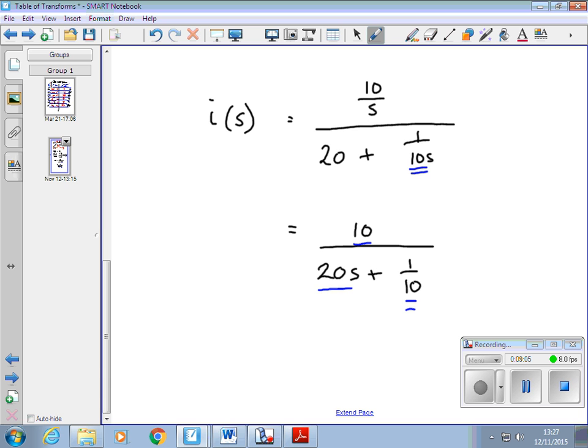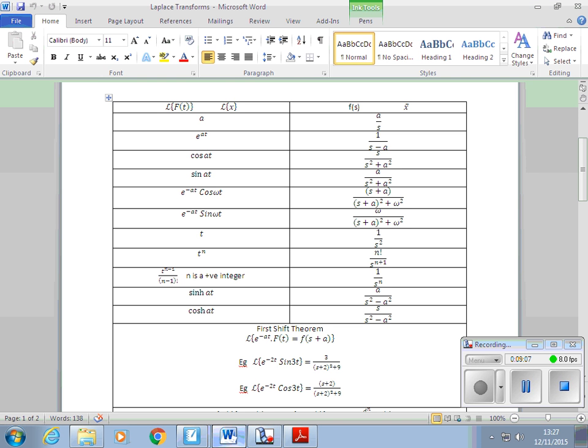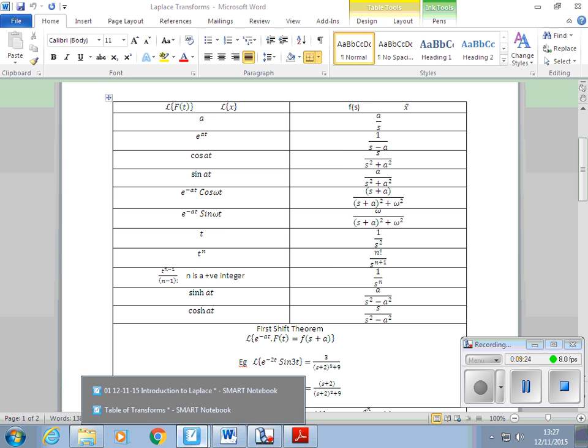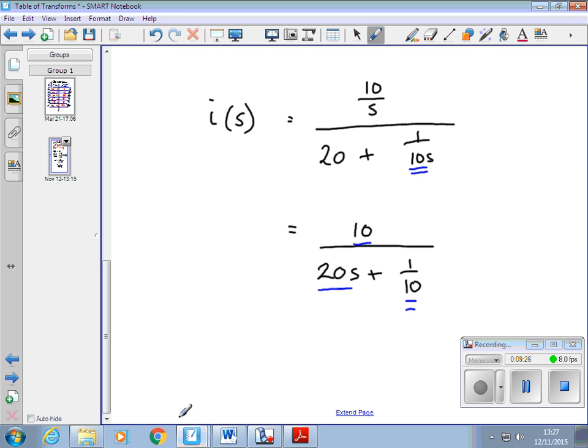And if we look at our table of transforms, the second one down looks similar, okay? This one. A number on top, and an S and another number by the side of it. So we're on our way. What we're after now is to try and get this to look like one of those.